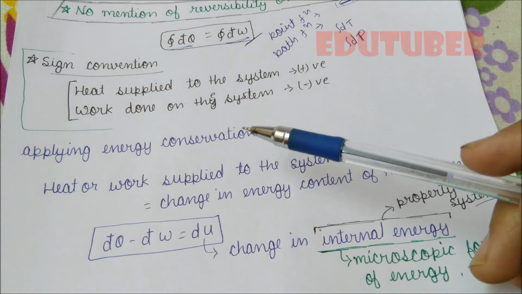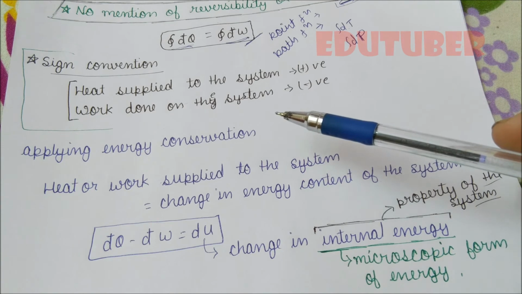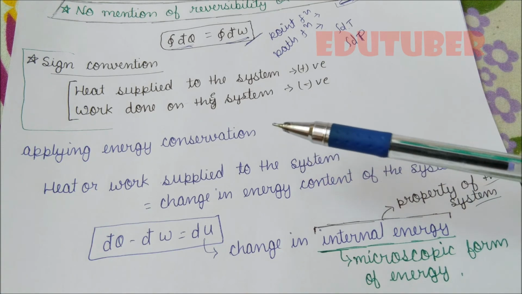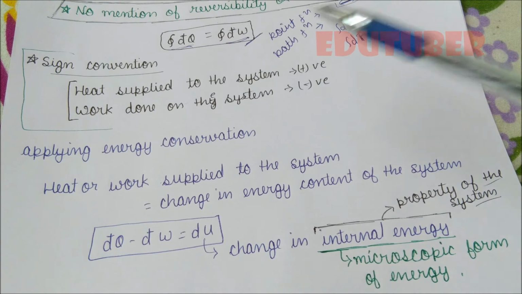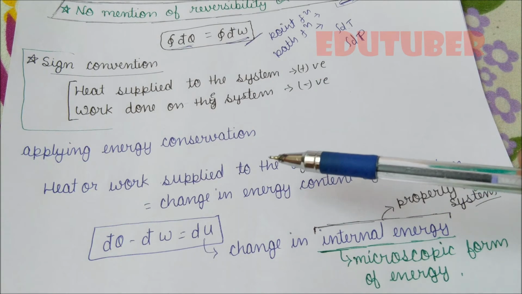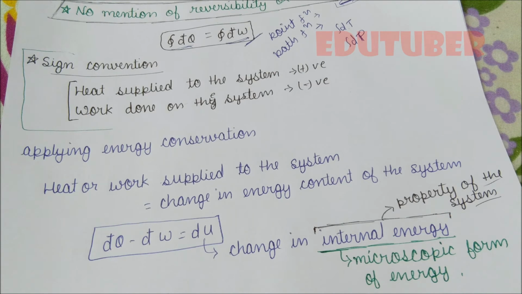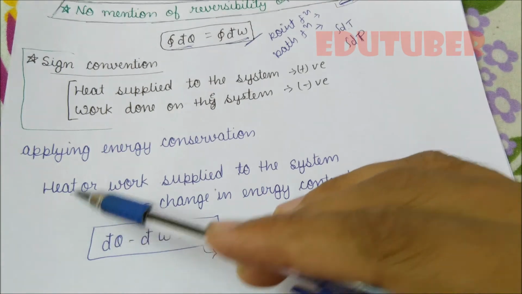Next, coming to the mathematical form of the first law of thermodynamics. You know this is the energy conservation principle, so we apply it to get the mathematical form. System and surroundings have energy interactions. So for conserving the energy, the energy input must equal the energy output. Energy input can be in the form of heat or work.